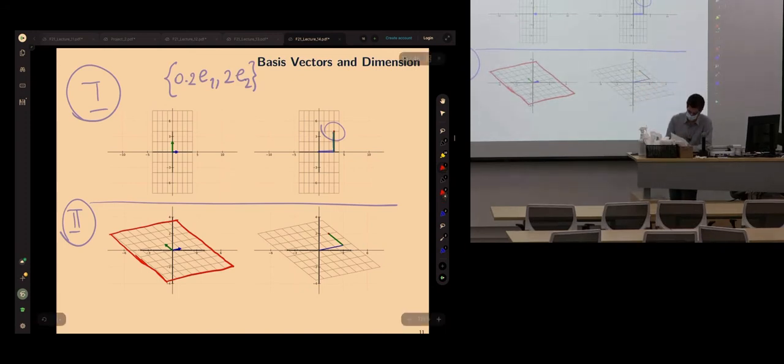Let's say I pick an arbitrary point here. The fact that I choose basis 1 or 2, will that change the actual location of that point? No.